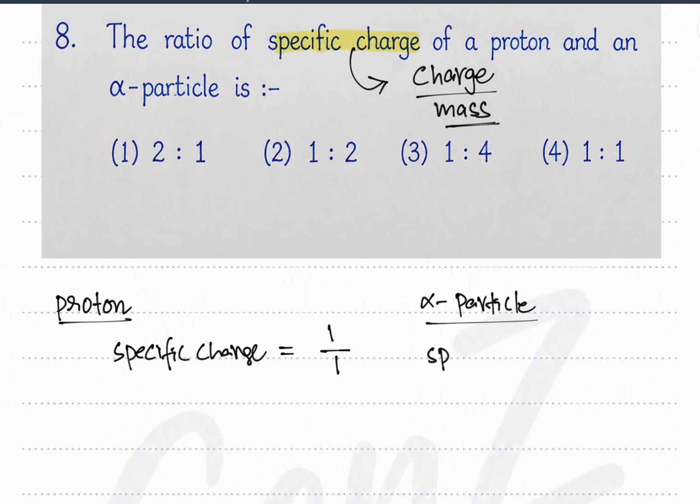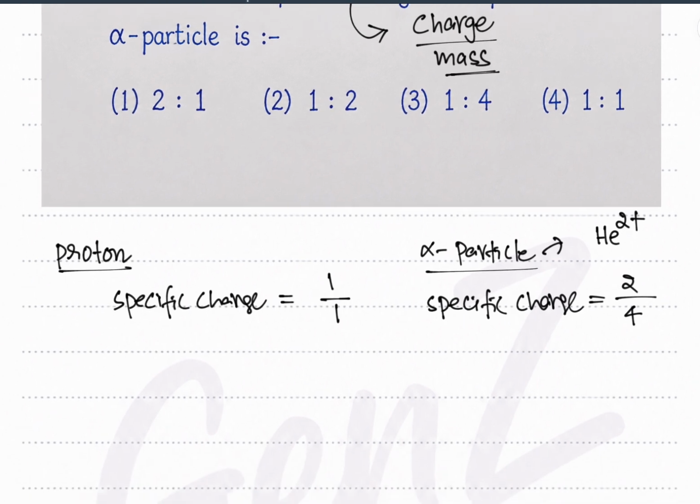In case of alpha particle, the specific charge equals, what is the alpha particle? It is a bipositive helium ion, He2+. So the charge is 2 and the mass of the helium particle is 4 times the mass of the proton.